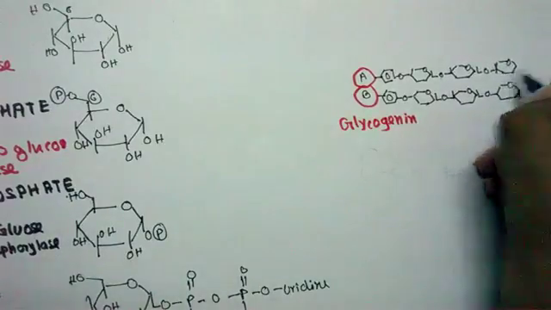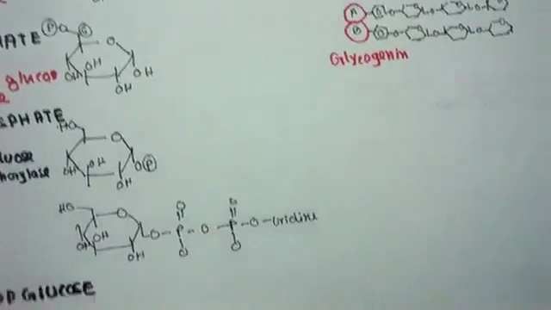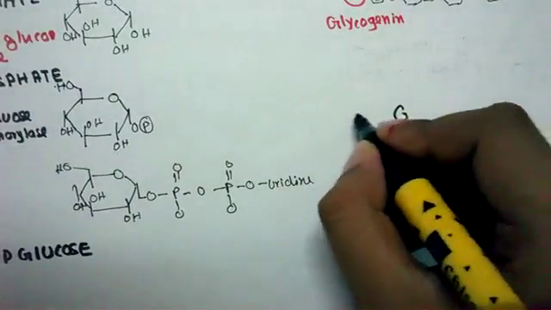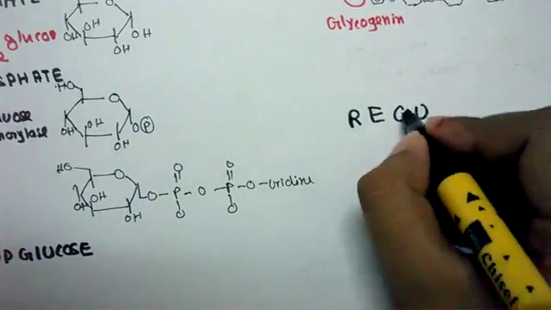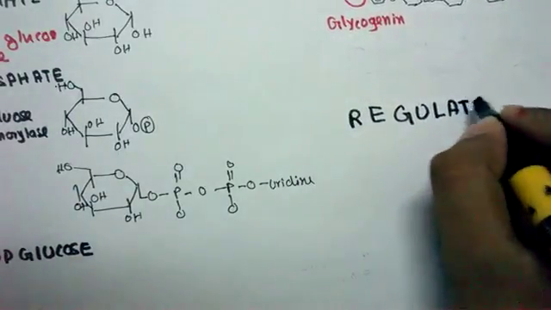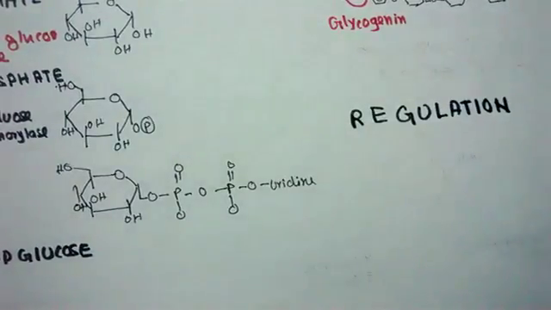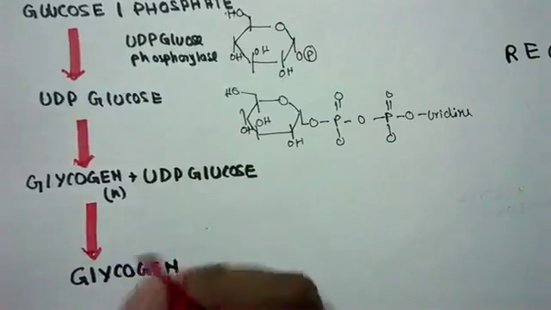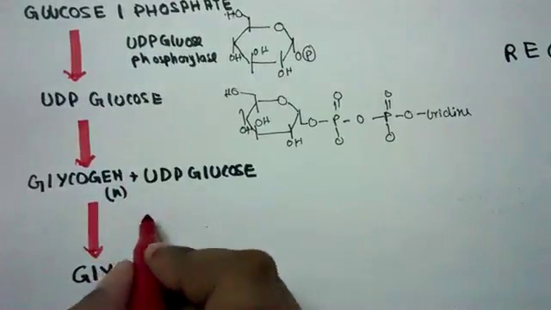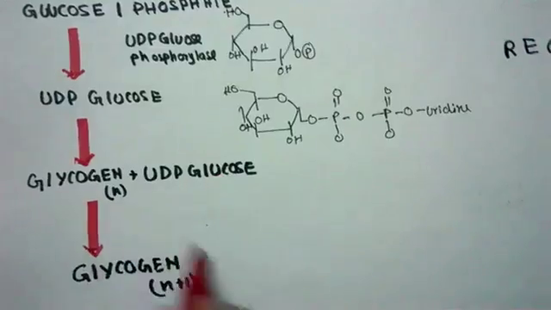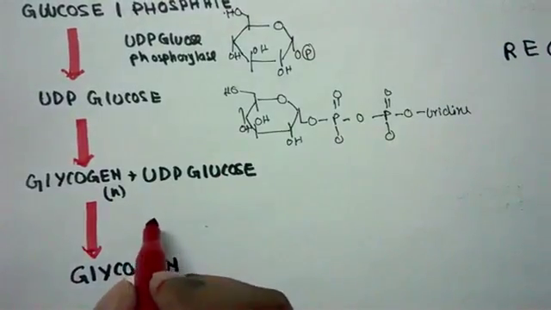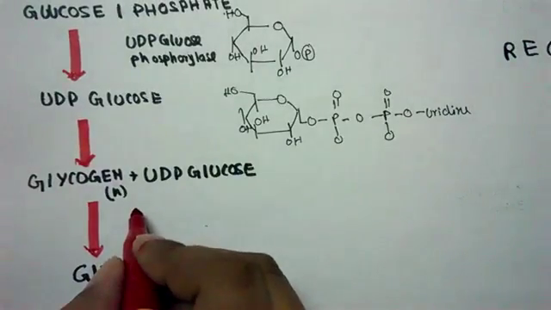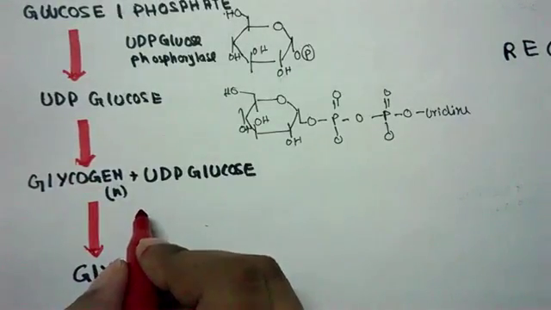So next we would talk a little about the regulation. One enzyme I want you to remember is in this step. This step, from glycogen plus UDP glucose forming a glycogen N+1 residue, is actually catalyzed by one very important enzyme, which is the rate limiting enzyme for glycogenesis.